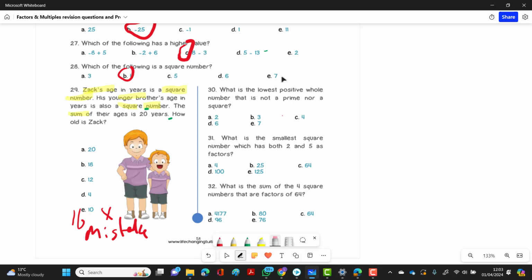What is the lowest positive whole number that is not a prime number or a square number? Okay, so what's the lowest positive whole number that's not a prime nor a square number? So we have to go through that list.